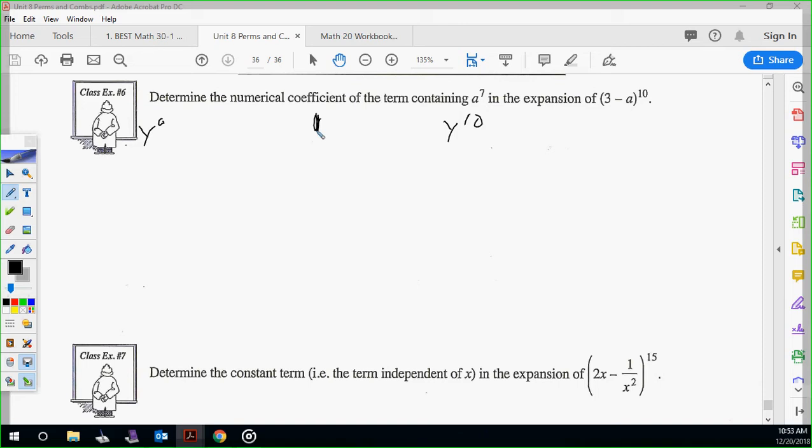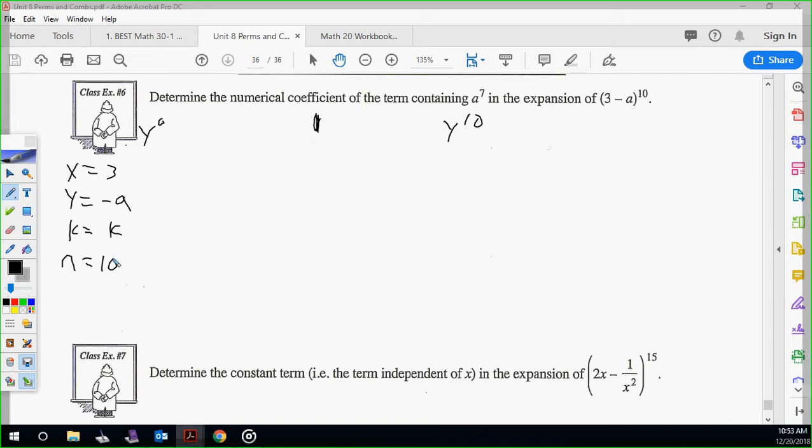So what we know from that is our x is 3, our y is negative a, our k is k, we don't know our k because that's the term we're figuring out, and our n is 10. So t sub k plus 1, we don't know what k is, so we'll just write that.